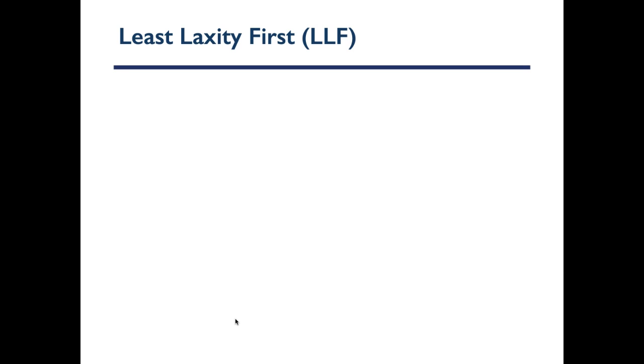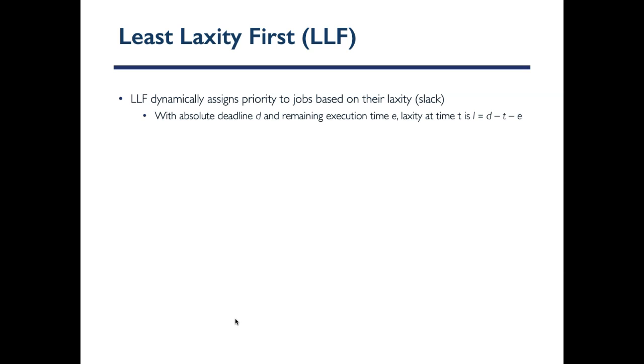It's least laxity first. This one is a fully dynamic scheduler, which would assign priorities to jobs based on their laxity, which is based on their slack. So what is the definition of a slack?